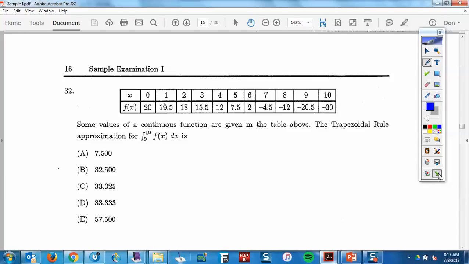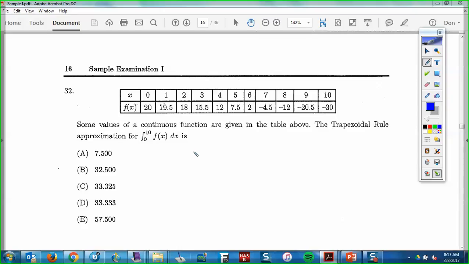See, trapezoid rule now. What I would do is what we learned yesterday, the new way of doing the trapezoid rule. 10 minus 0 divided by 2 times n, 2 times 10, and you have 10 subdivisions there.